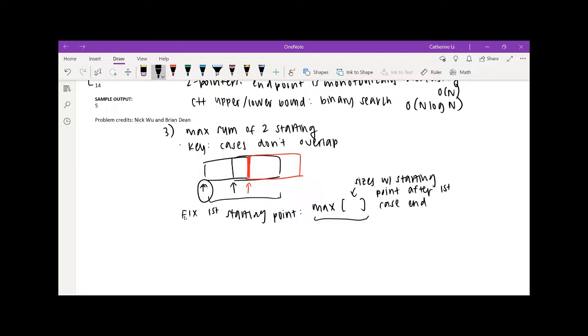what we can look at is we have our sizes. So if the first starting point is 1, then we want to take the maximum size of how much each of these starting points can reach.